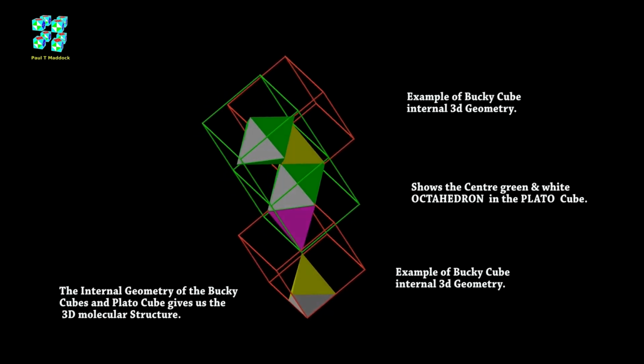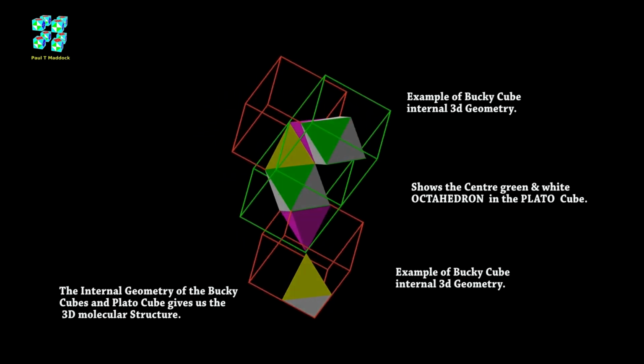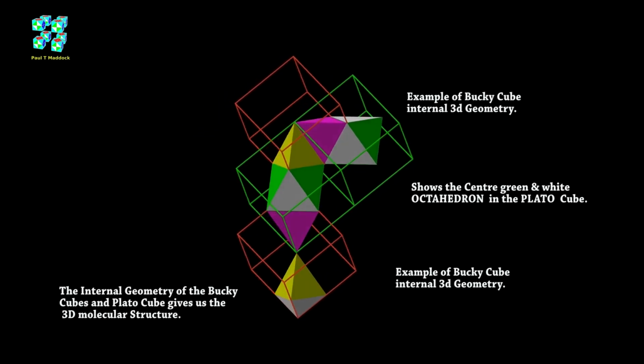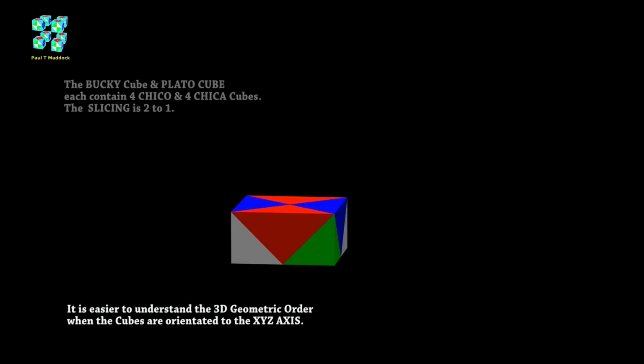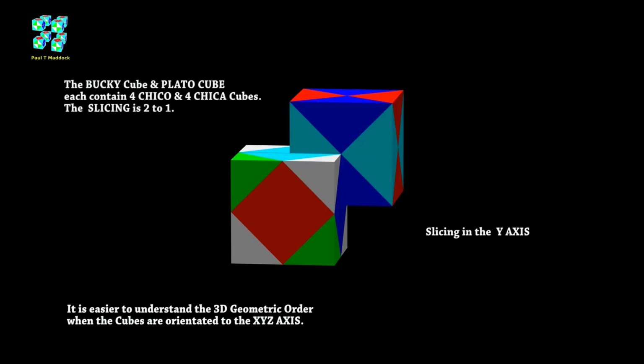Now for the rest of this video, I'm going to start using the XYZ axis because it's much easier to understand in this orientation. Okay, I'm going to show you first the slicing in the vertical y-axis.